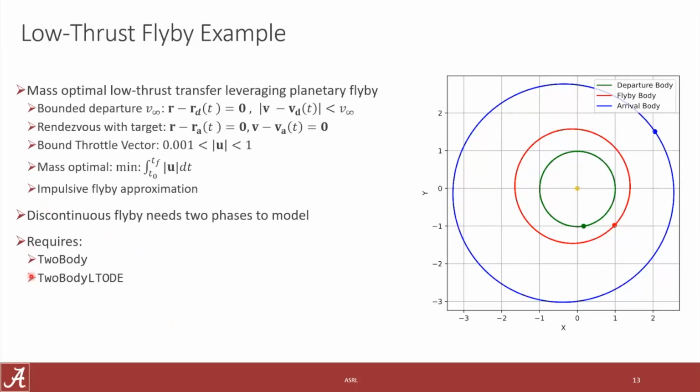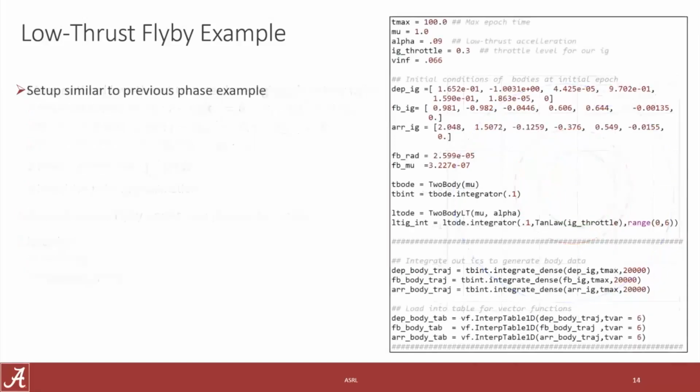So again, we're going to require the 2-body ballistic ODE and the 2-body low thrust ODE that we derived and talked about pretty extensively yesterday. We're going to set up similar to those previous examples, where we've got our parameters, like the V infinity limit, the throttle for our initial guess, engine properties, and gravity of the central body that we're all orbiting around.